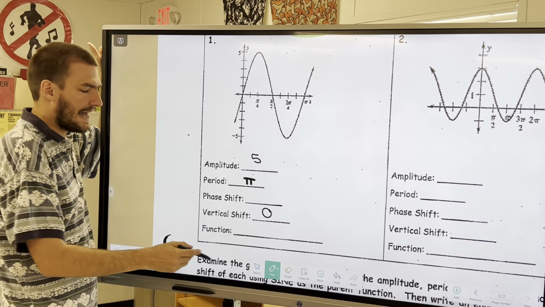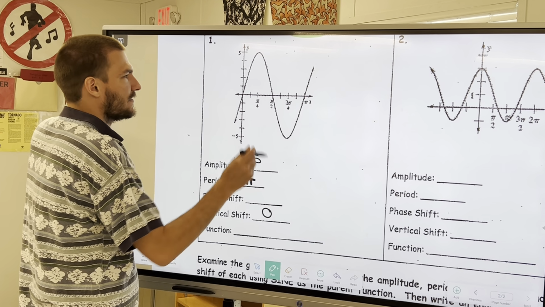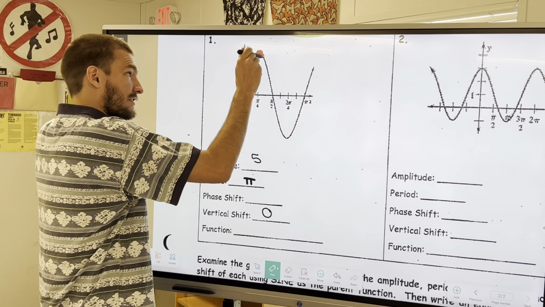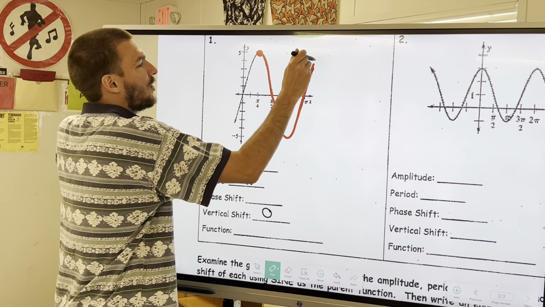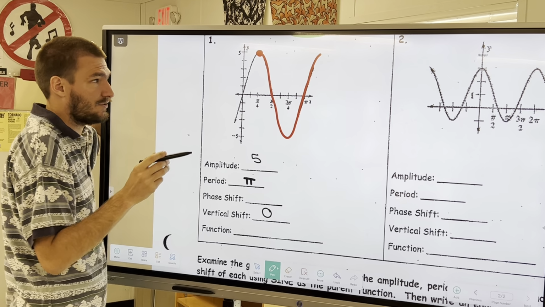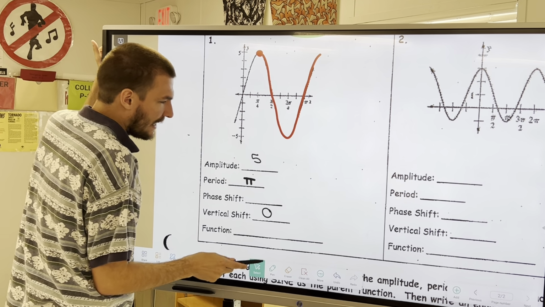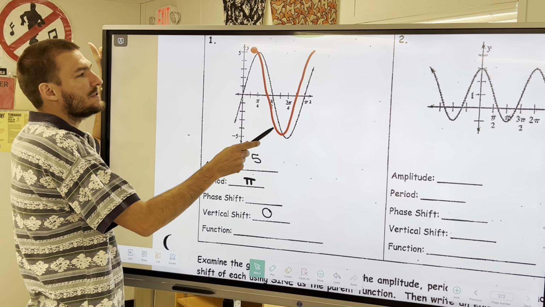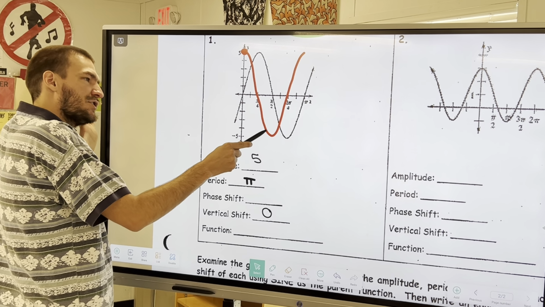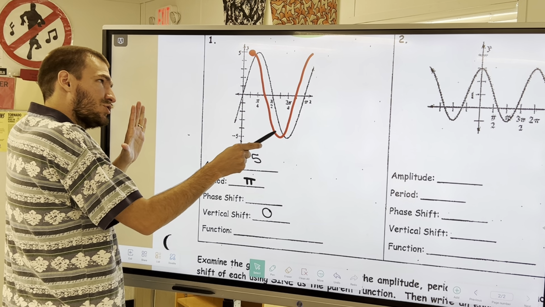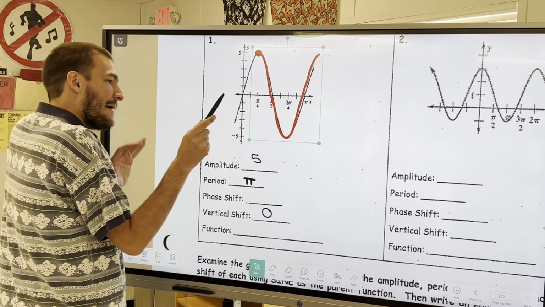And lastly, our phase shift. There is a phase shift. Remember, we are a cosine graph. And the cosine graph is supposed to be here. But we got pushed to the side that much.